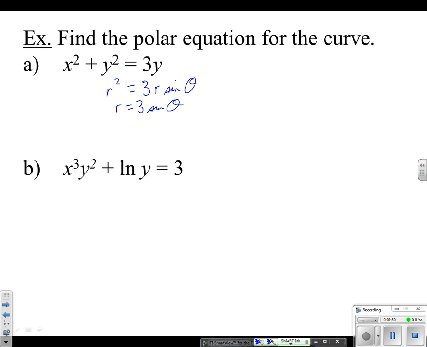Now in this case, x cubed y squared plus natural log of y equals 3. I don't see anything nice going on here. Certainly I don't recognize any of the other formulas. So really just all the x's I'm going to replace with r cosine theta. All the y's I'm going to replace with r sine theta.